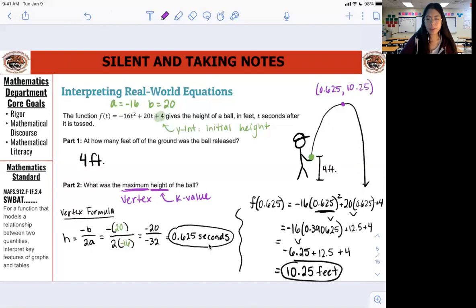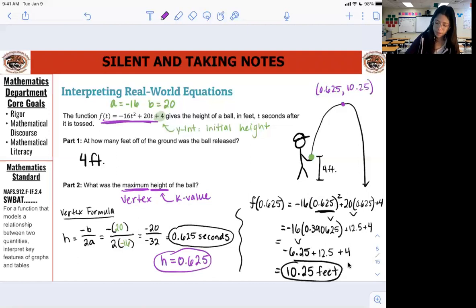After you get the h value, so remember this was my h value, you're always going to plug that number into the original equation, the original function. So all I did was I used this function right here and I plugged in 0.625 and then I had to do all that math. And that's exactly what you do. So in the end, we got the k value.